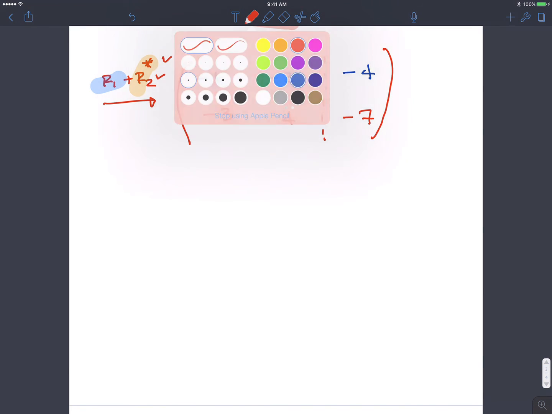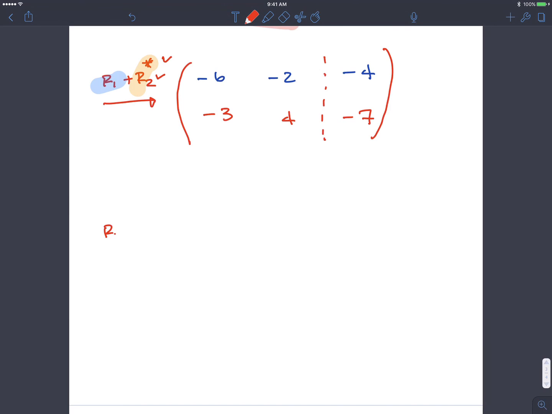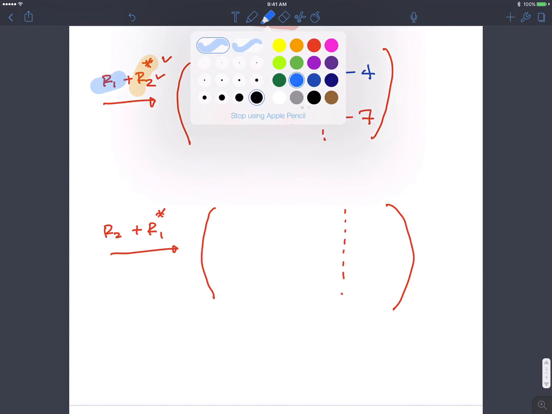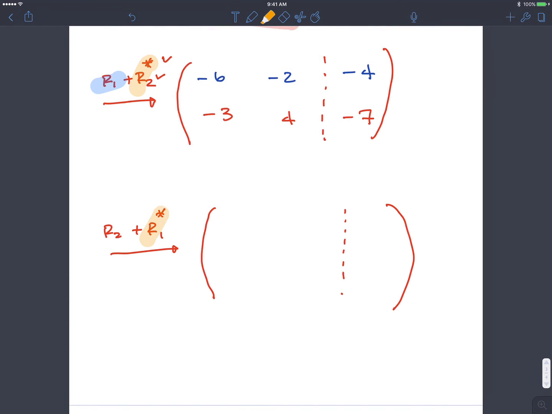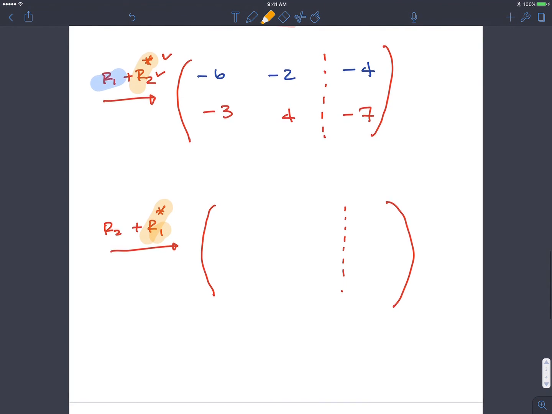I don't know. But what if I decided to take row 2 and add it to row 1? See, we can add any two rows together. If that's the case, again, I put my asterisk here to notate that I'm going to have to change row 1. So row 1 is going to be new.